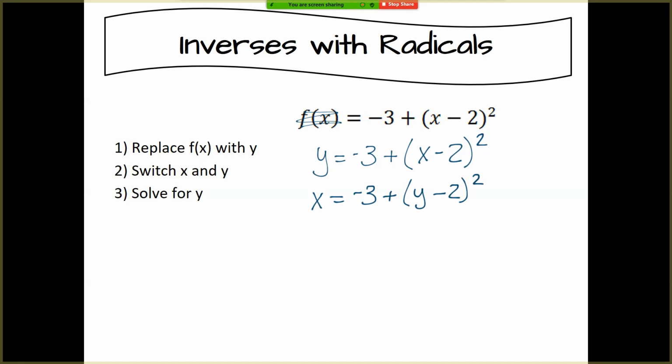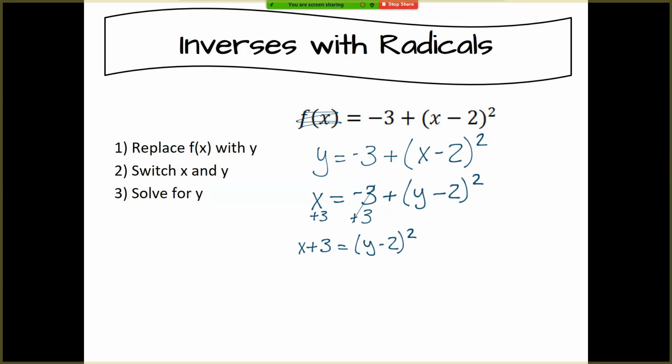Step number three, we want to solve for y. The first thing we want to do for this case, we want to get rid of that -3 by adding 3 to both sides. Now we have x plus 3 equals, and then in parentheses, y minus 2 squared.